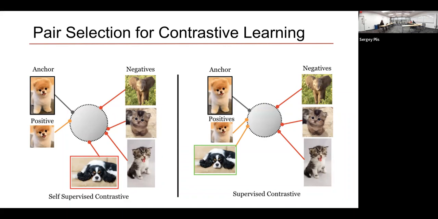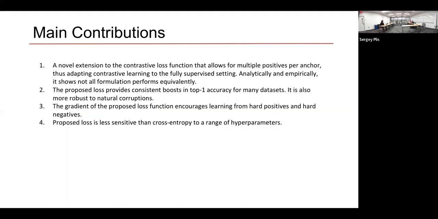So the black and white puppy is actually of the same class as the anchor on the top. So it is possible to construct multiple positive pairs and multiple negative pairs from the same batch. Any question? No? Okay.